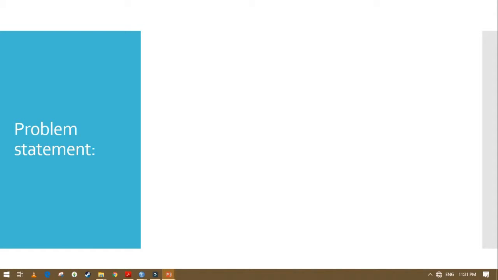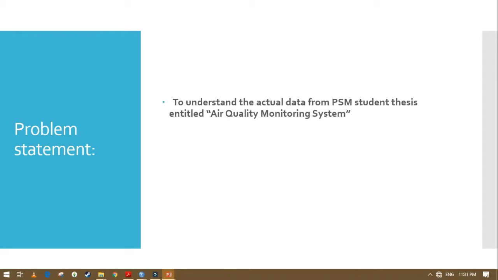So the problem statement: the first thing is, this task is to enable the student to understand the actual data from an SM student thesis entitled Air Quality Monitoring System in the field of electronic engineering that is collected and analyzed in general.